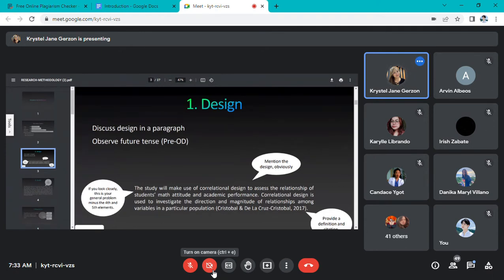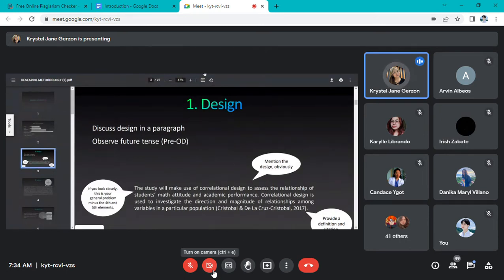Although we have an introductory paragraph just to introduce what this section of your paper will be discussing, after that you will proceed to discussing the research design. This is the first subheading of your research methodology.